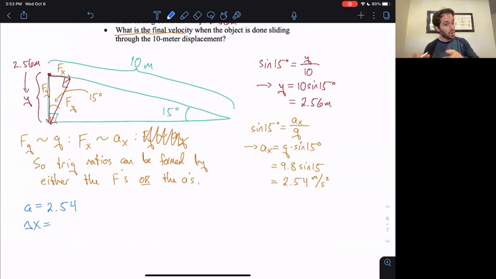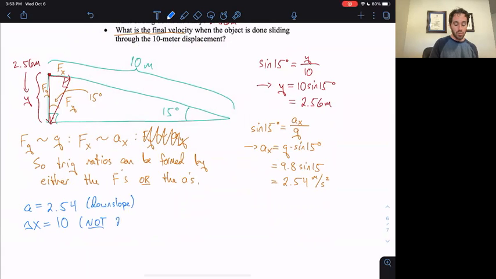Do you want to do the 2.56 or do you want to do the 10? Think about the direction of this acceleration. This is a downslope acceleration, so you need to specify a downslope displacement. That's why this will be 10. It's not going to be 2.56.